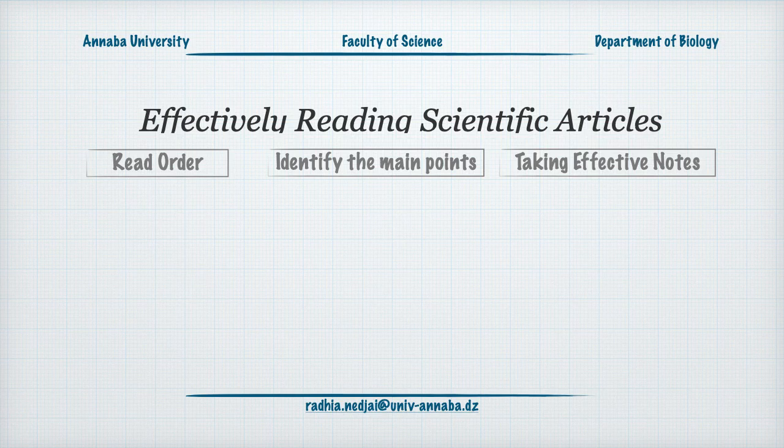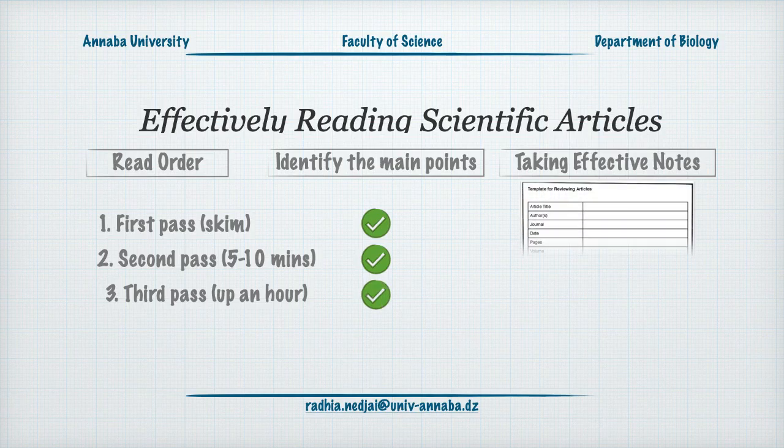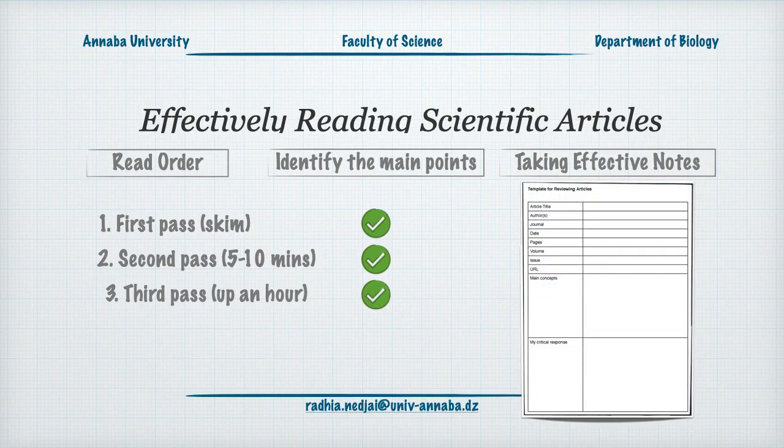Reading scientific articles is challenging, but reading them in proper order, correctly identifying the author's main points, and taking effective notes will save your time and make your research easier.